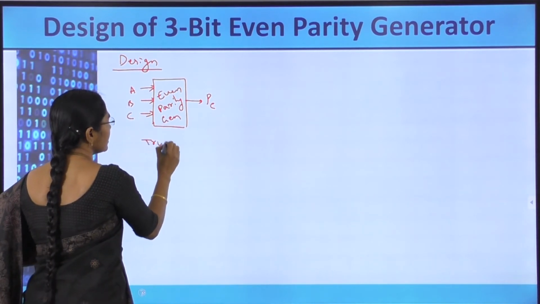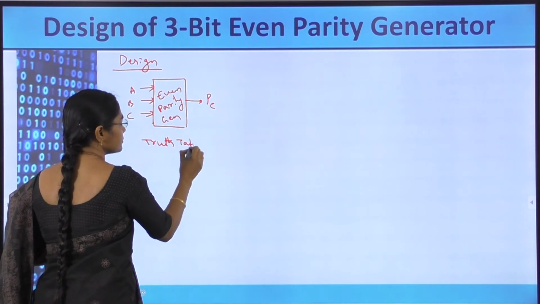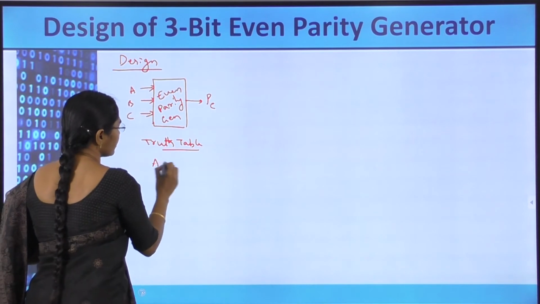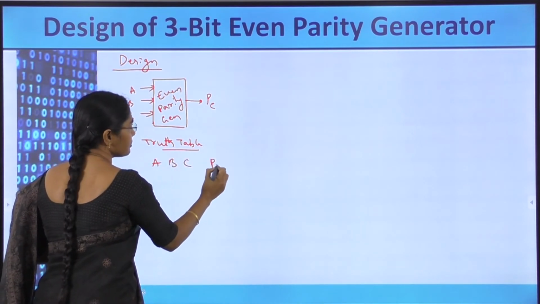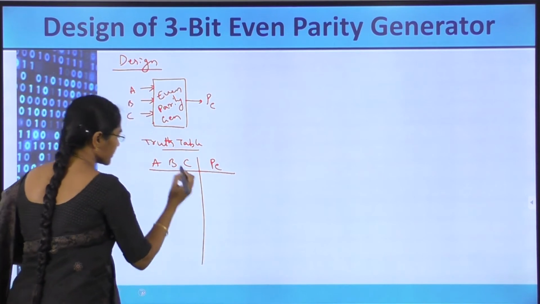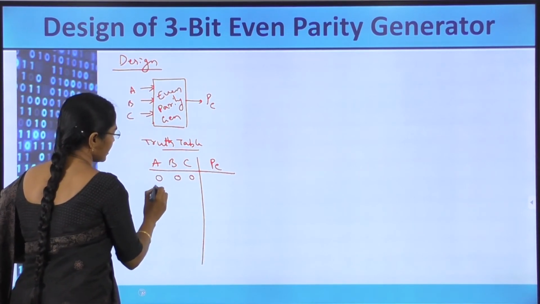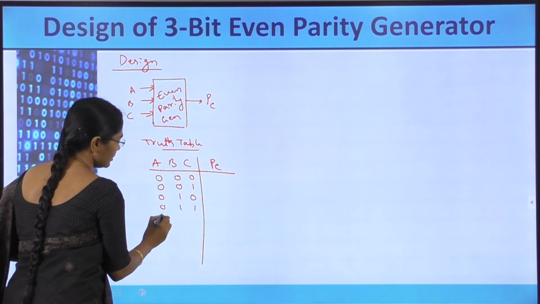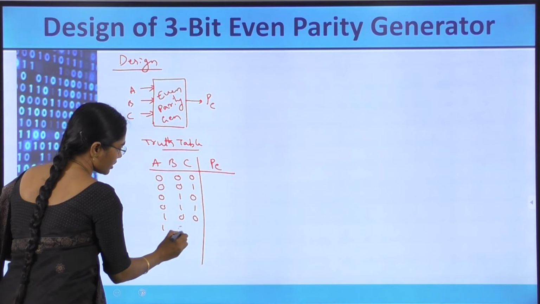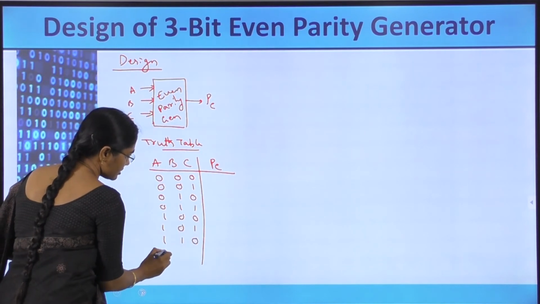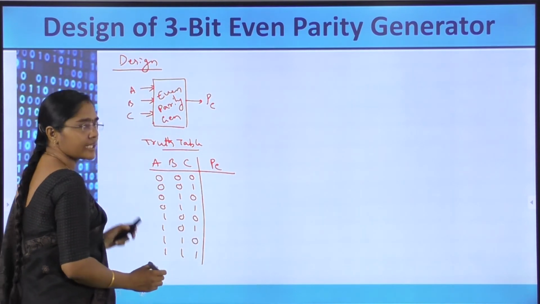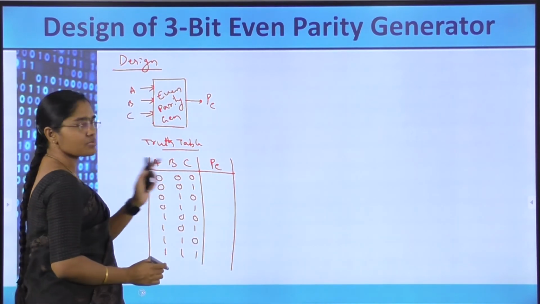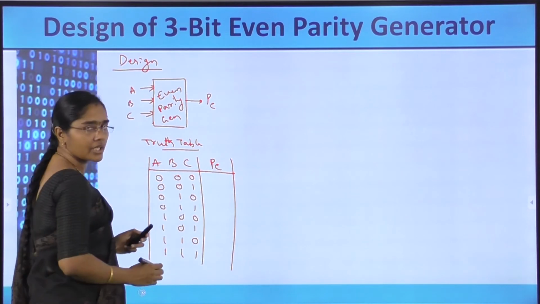We need to write the truth table, consisting of the ABC input bits and the PE output bit. Since there are 3 inputs, 8 combinations will come in the truth table, so write all the 8 combinations. Then write the even parity bit corresponding to each combination of input bits.